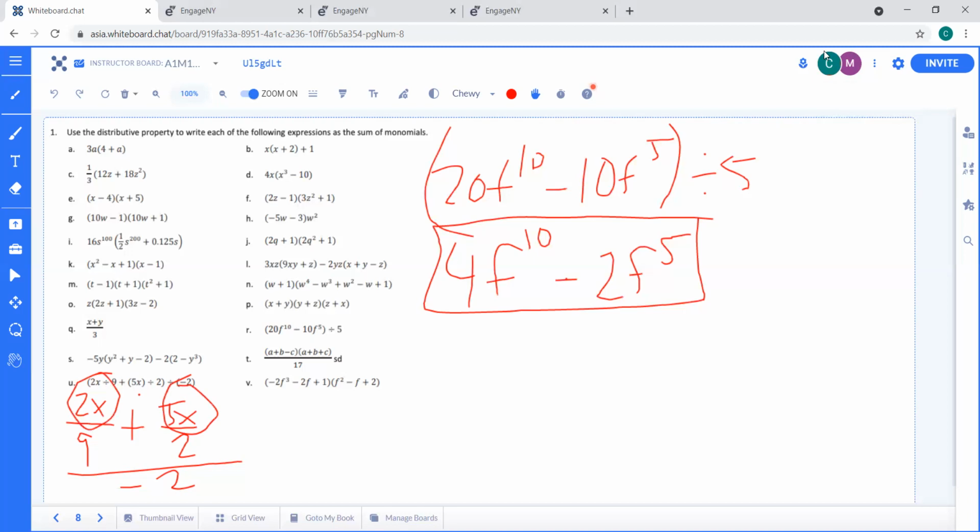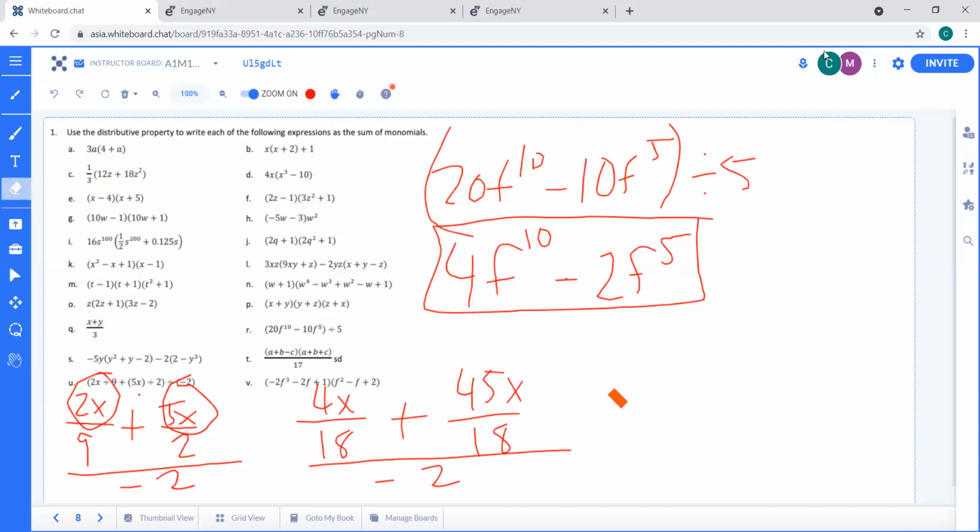So what's that going to be? 18. 18 would be the common denominator. 9 times 2 is 18. 2 times 2x is 4x. 2 times 9 is 18. 9 times 5 is 45x. And all that's over 2 still. So let's combine them. That would be 49, not 59.